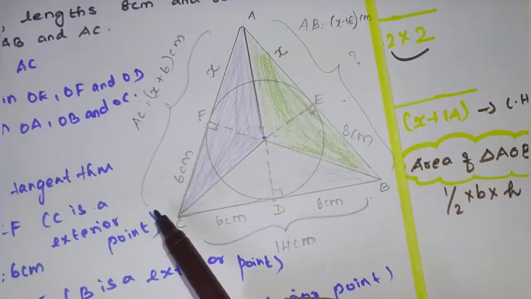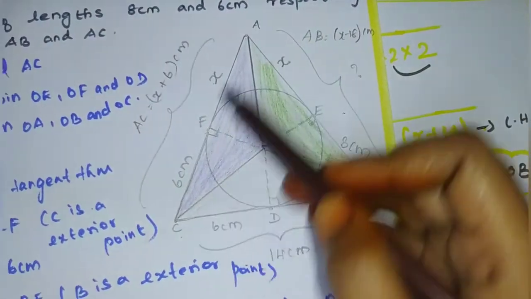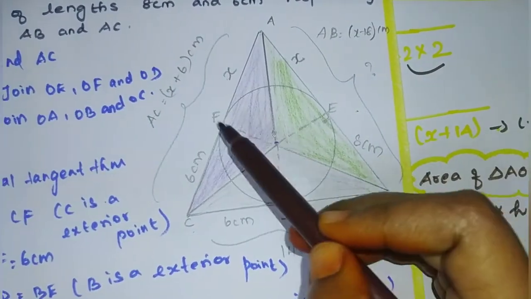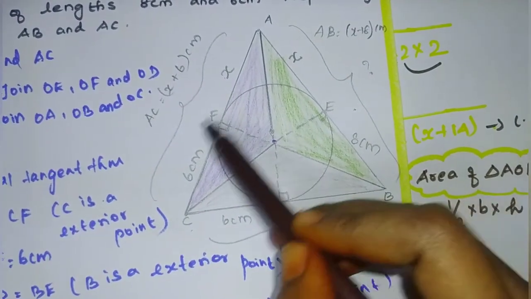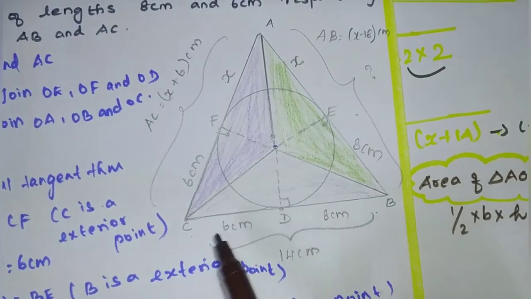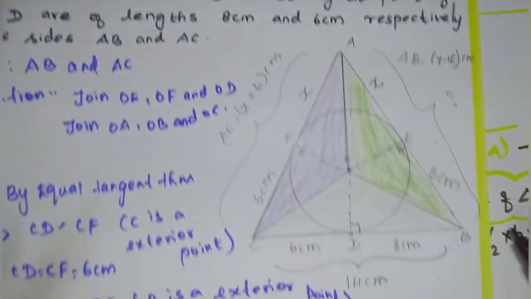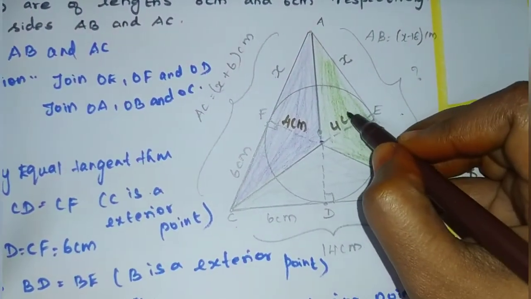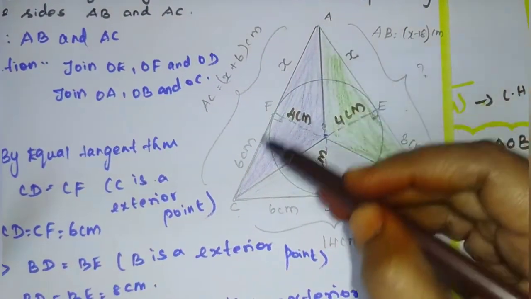For this triangle, the base is x plus 6. What about height? Height of the triangle is equal to radius of the circle. Already they said that radius of the circle is 4 centimeter. So this is 4 centimeter and this one is 4 centimeter and this one is 4 centimeter. Clear, Kana?